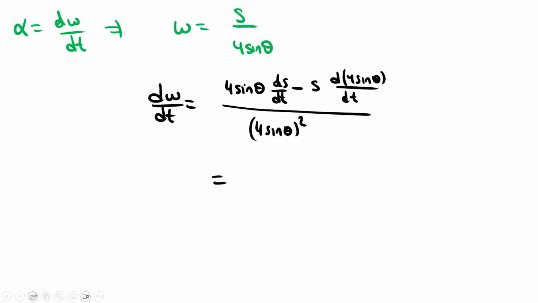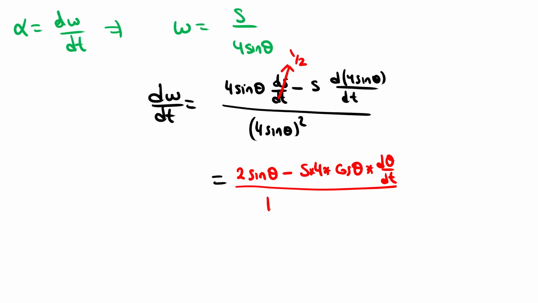dS by dt, we know that it is 1/2. So if I write 4 sine theta times that, minus the second part, which is S times 4 times d sine theta by dt, which is cosine theta times d theta by dt, divided by 16 sine theta squared.